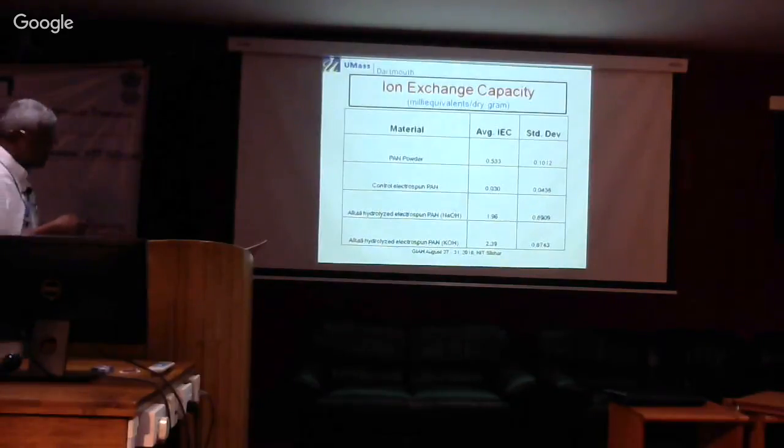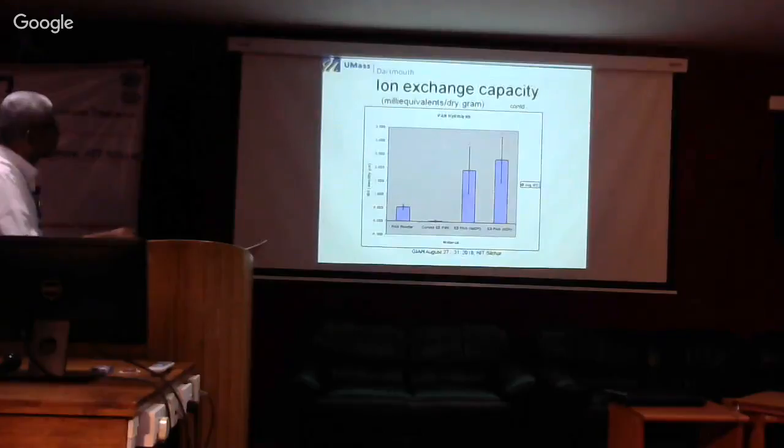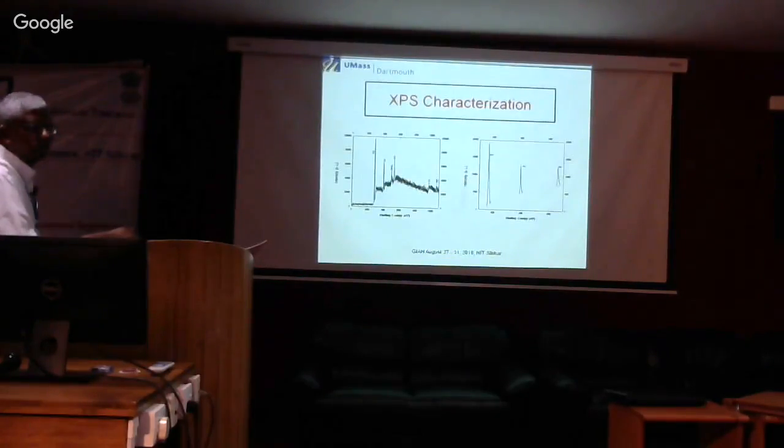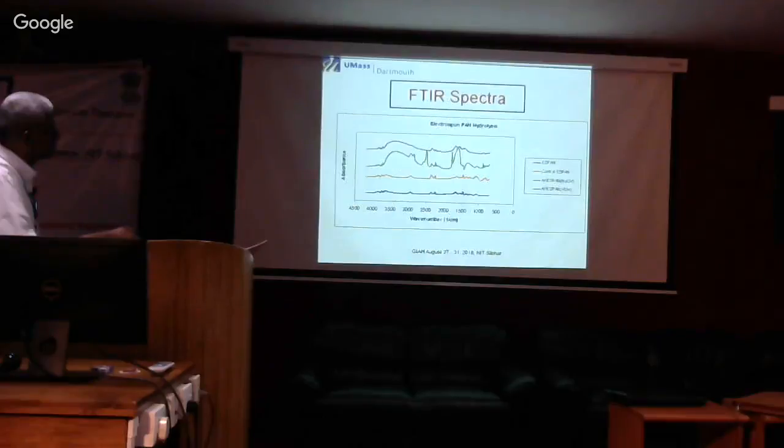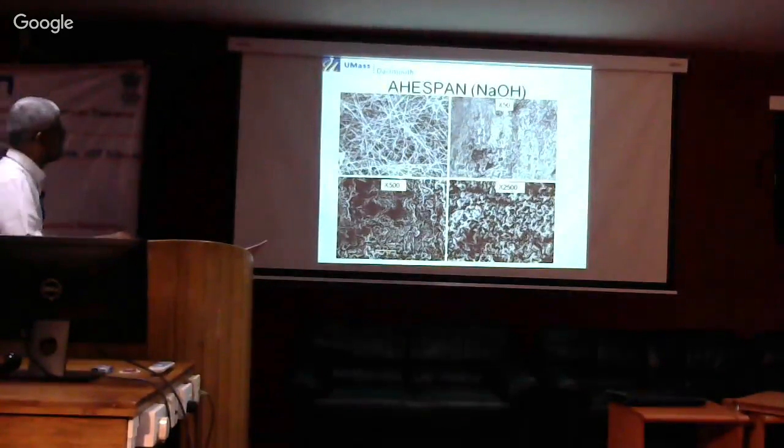I don't have the time to get into the details, but if you look at our publication, it's spelled out there very clearly. Okay, so you look at XPS data, you look at what is the ratio. This is very standard. You look at FTIR. So this is how it looks like.